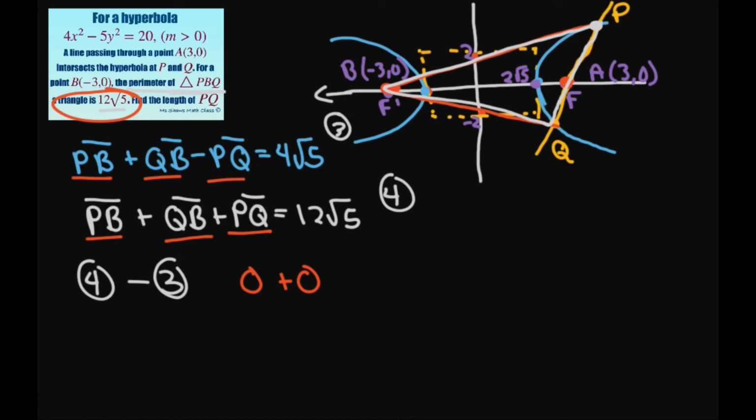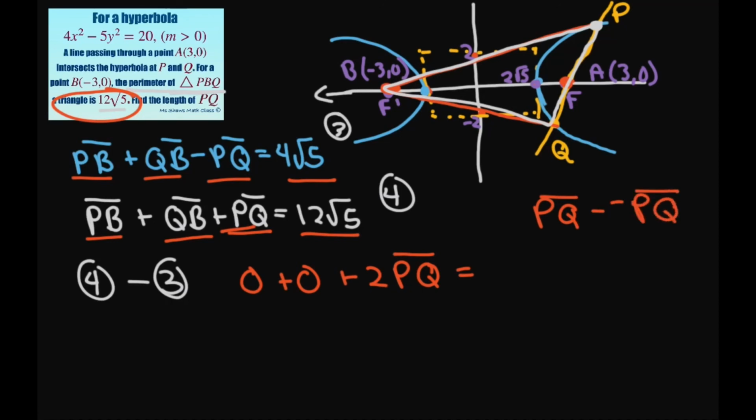Then you get plus 2PQ, because we're subtracting, so this would be PQ minus a negative PQ, which gave us the plus. That equals 8 square root of 5. Now all we have to do to solve for PQ is divide both sides by 2, so our PQ is going to equal 4 square root of 5.